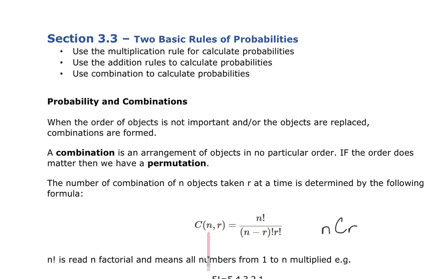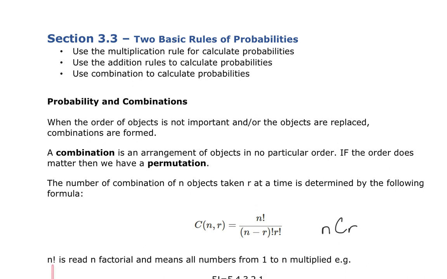So n is the number of pieces of data you have, and r is what you're going to choose. As an example, if you have 10 pieces of data and you're only going to choose 5, then it would be 10 choose 5, and you would do 10 factorial because that's the number of pieces of data you have. And then in the denominator, it is 10 minus 5 factorial multiplied by 5 factorial.